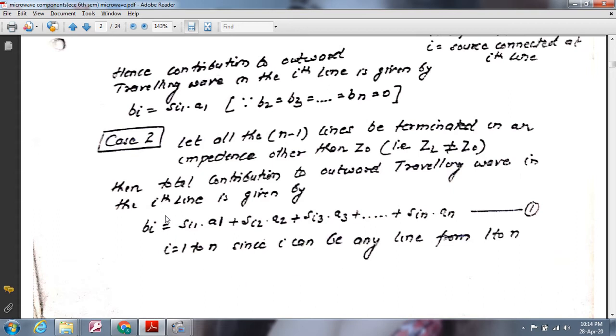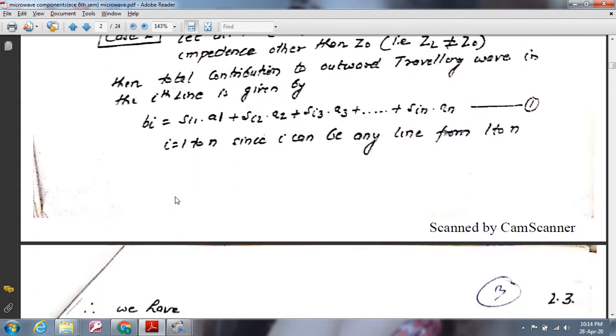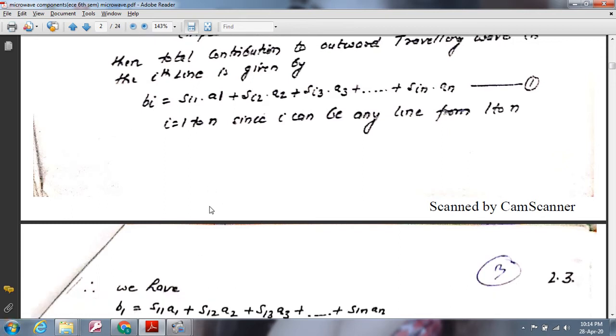Now initially in this case we connected the source on the ith line. In general i can be any value from 1 to n, means we can connect the source at any line. It may be the first line, it may be the second line, it may be the last line.